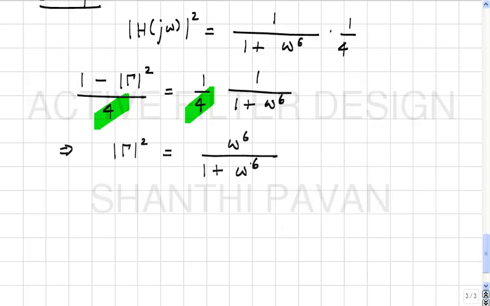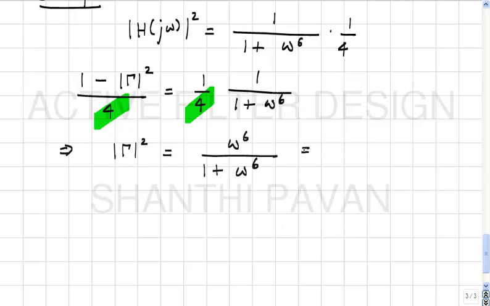And as frequency increases, you can see that the reflection coefficient keeps increasing. At frequencies in the stopband, in other words, for omega being much larger than 1, what happens to the reflection coefficient? The reflection coefficient is 1. Is that clear?